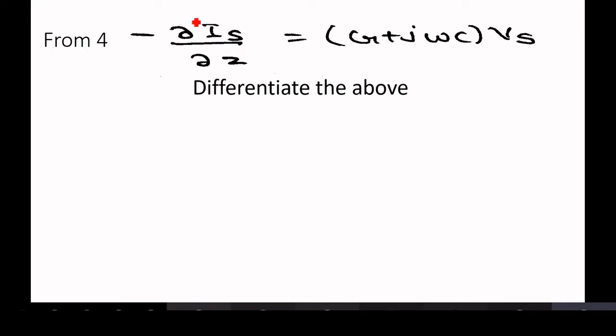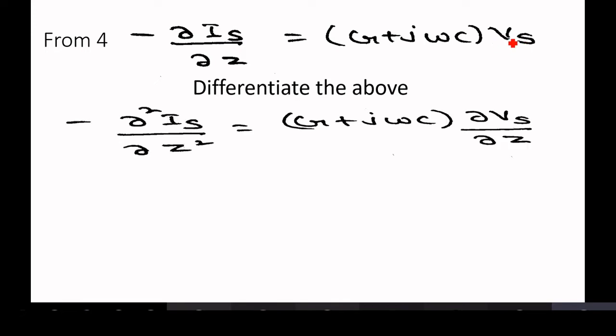If you differentiate the left hand side, what will you get? Minus dou square Is by dou Z square is equal to Z plus j omega C, and if you differentiate this, we will get dou Vs by dou Z.